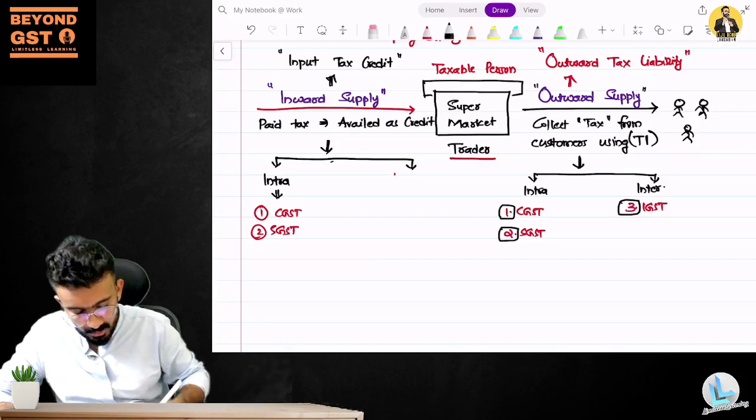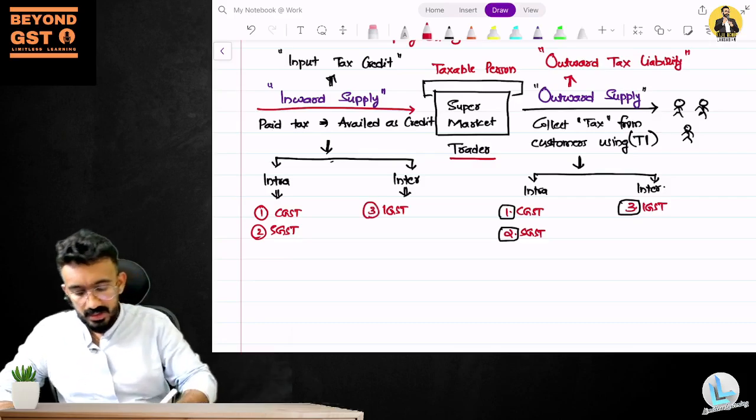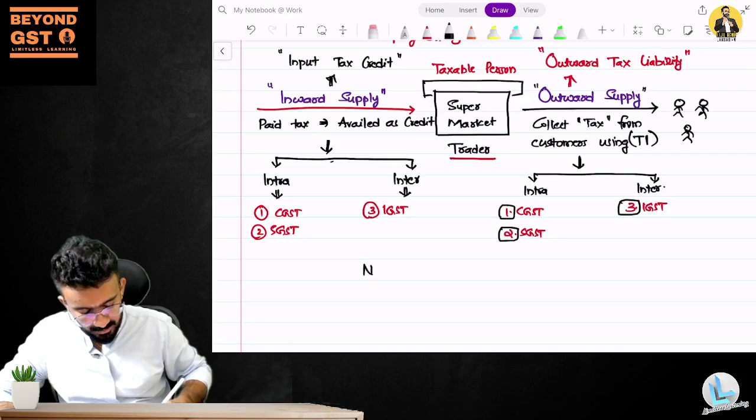If his purchase was interstate, he will have a credit of IGST. Now, what do you mean by net GST payable for a month?